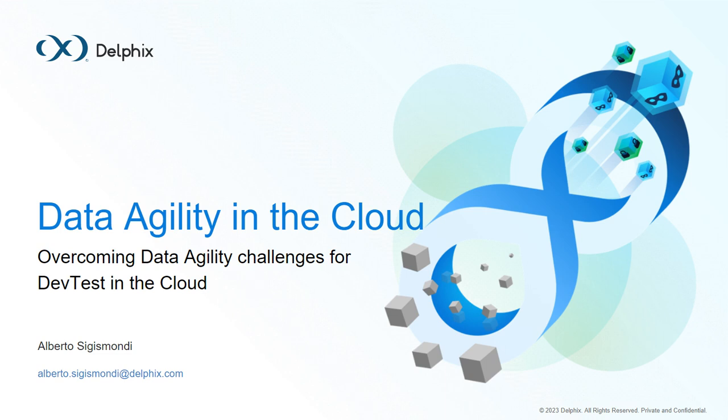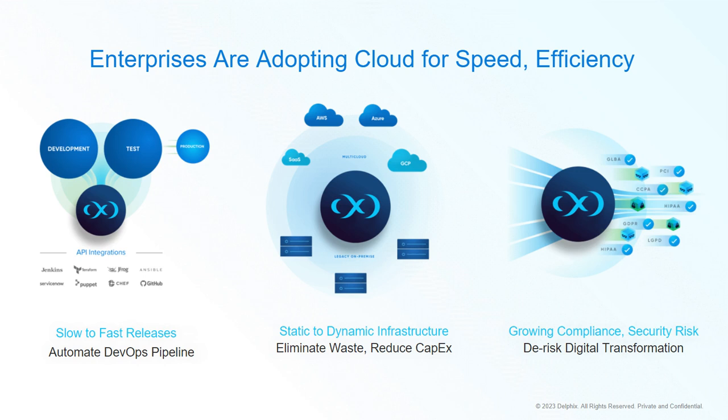All right, let's talk about data agility in the cloud. There are several reasons why organizations choose to migrate their applications to the cloud, but the primary reason is typically to take advantage of the benefits that cloud computing offers, right? Such as scalability, the ability to scale up or down quickly in response to changing business needs.